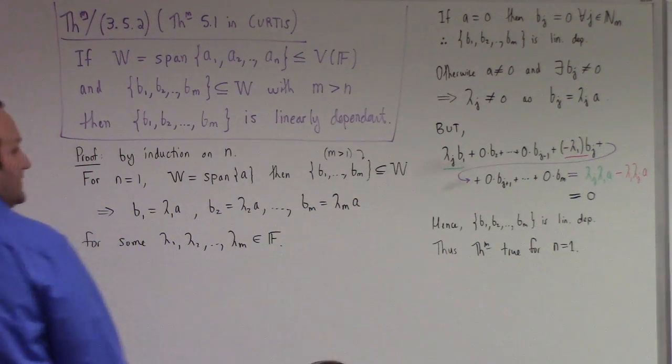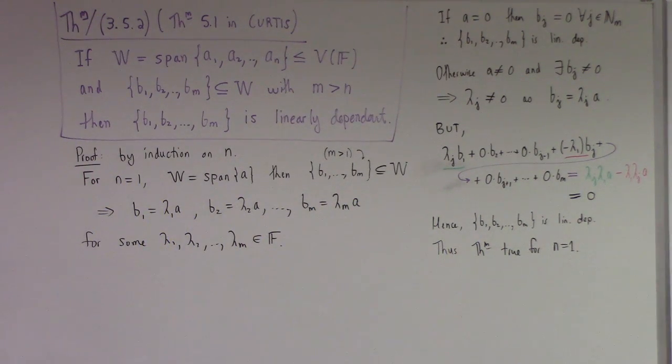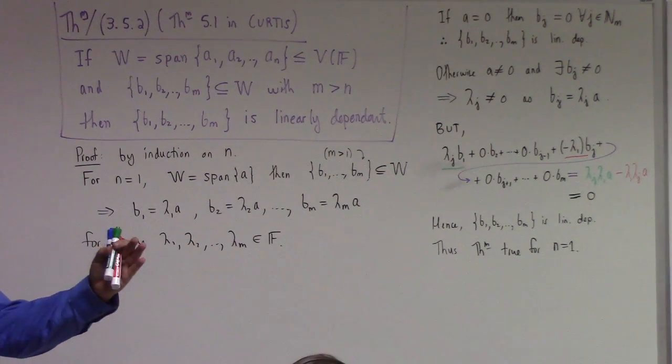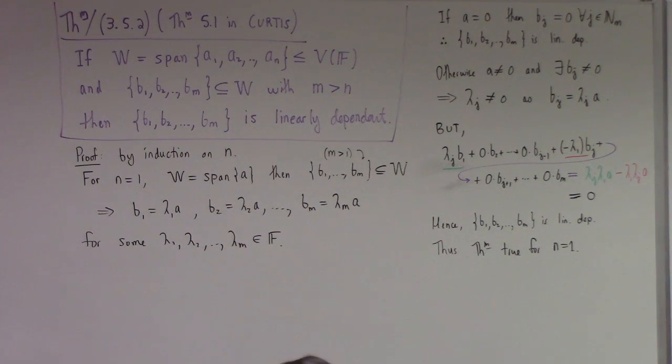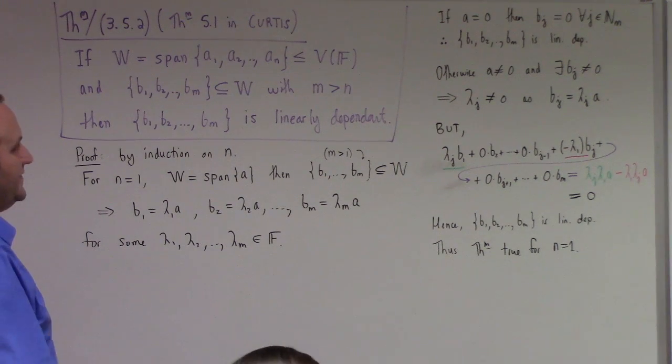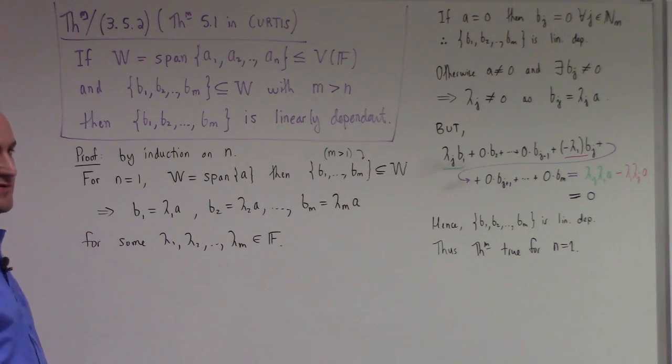He likes to use just a capital S for span. I more confusingly just write span. But of course, just writing an S does have its advantages. If you start leafing through like 10 different linear algebra books, you'll probably find 5 or 6 different notations for span. But I think this is fairly common.